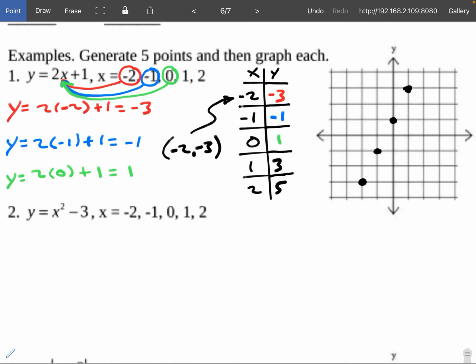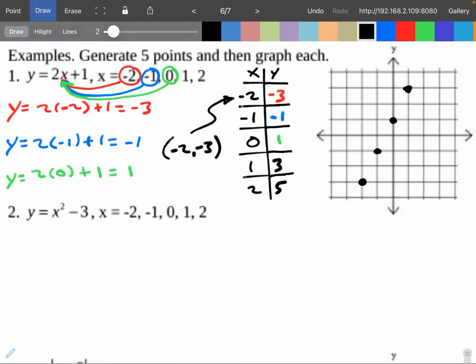So 2 to the right, and then up 1, 2, 3, 4, 5. So I'm actually up here. Now, what do you notice about all those points? Yeah, they make a line. All right, so you are supposed to do that. So we're going to draw a line, so we're going to connect the dots here.